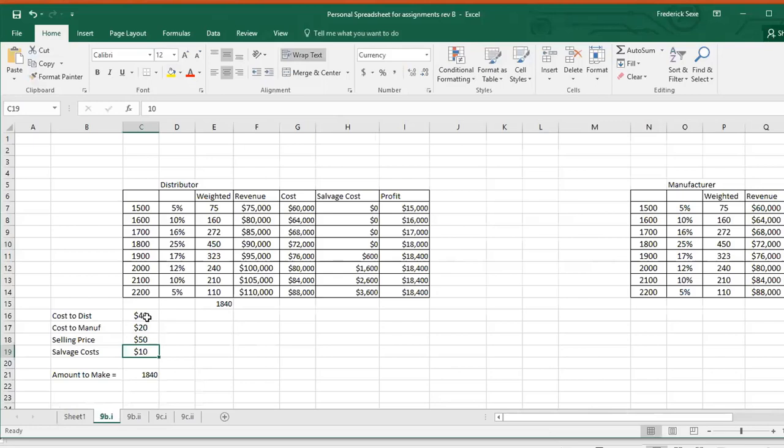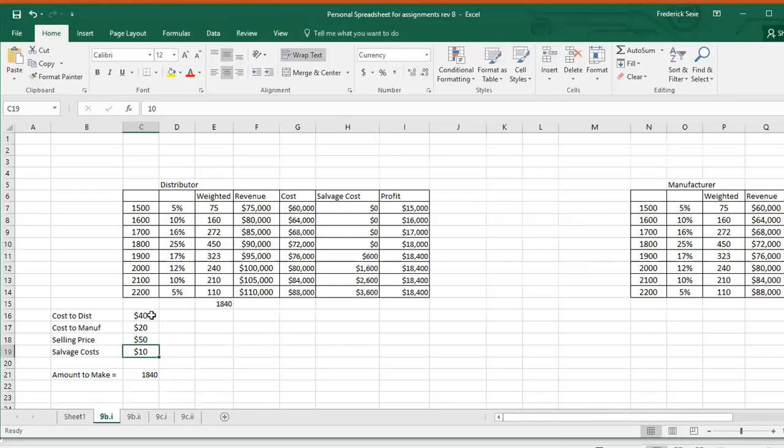That is the cost to the distributor. So that's also the profit per unit that the manufacturer receives. That's important. There's a little bit of confusion in some of the assignments that I saw for that.